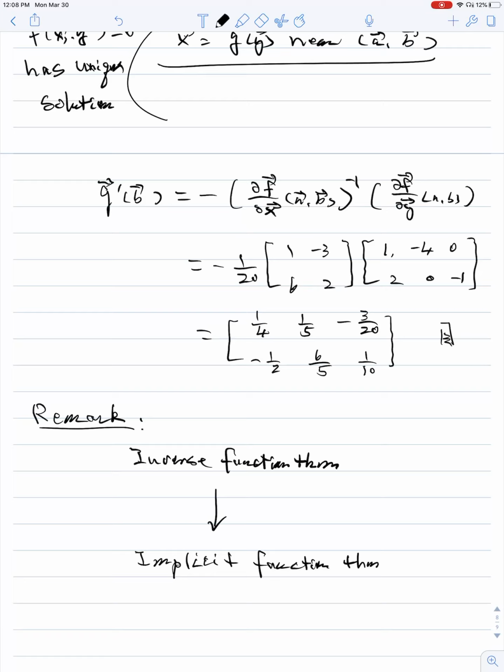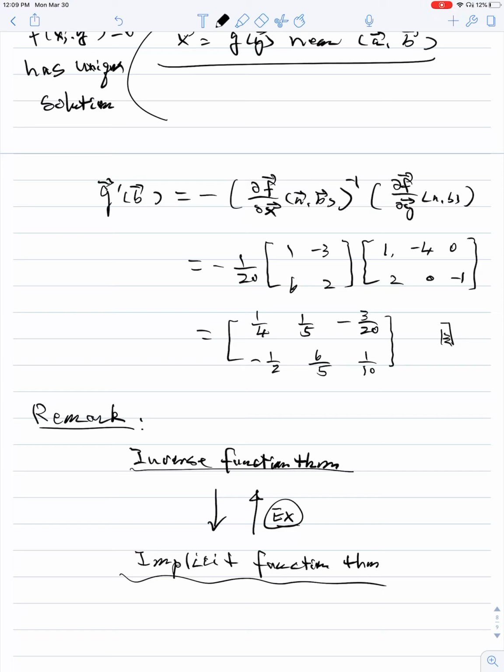That means that if you know how to prove one, you can use it to prove the other. So as an exercise I want you to think about this: if you assume the implicit function theorem, can you come back to prove the inverse function theorem?